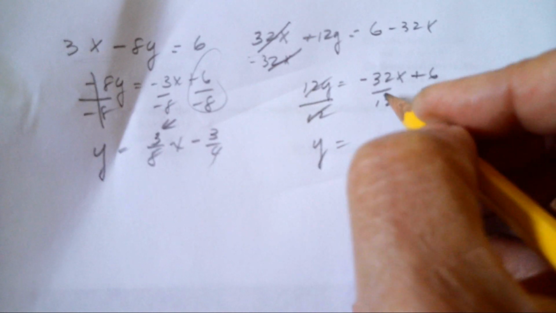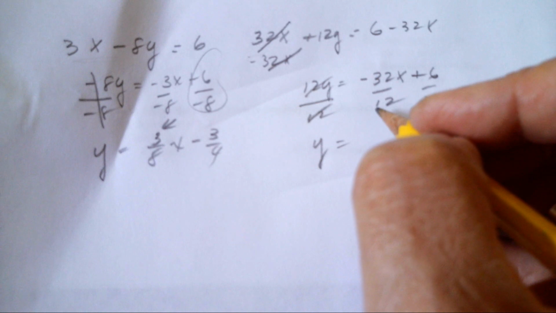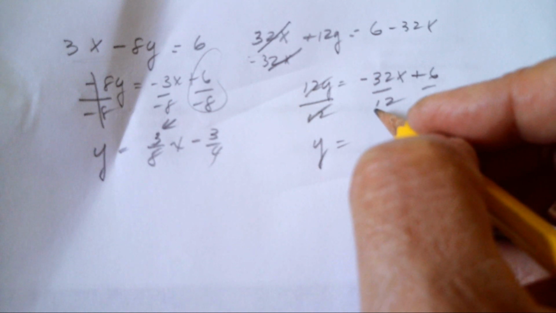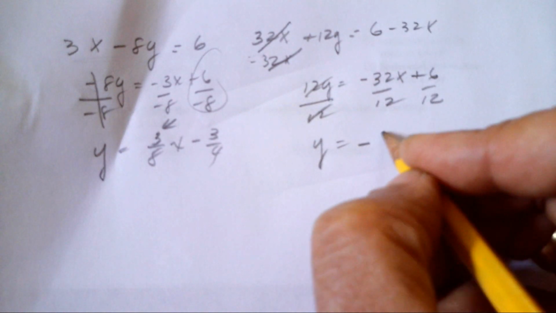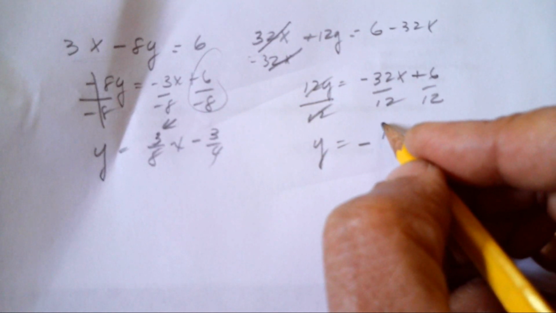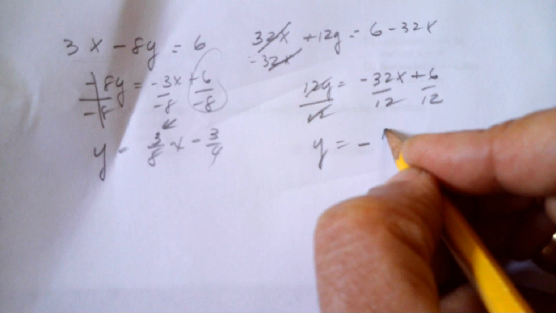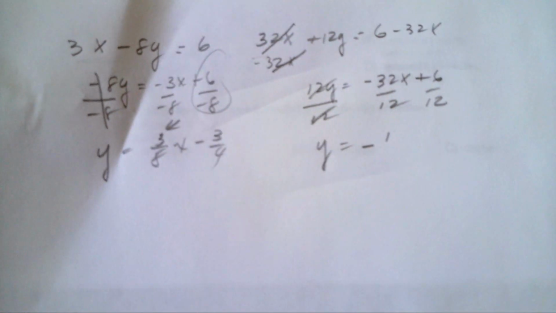Y is equal to, now to lowest terms, let's see. This would be a minus 32 over 12.